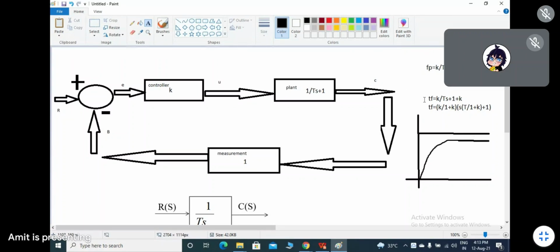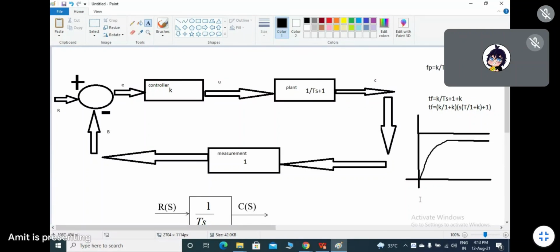Now its gain is k divided by 1 plus k. Its gain will never be 1; its gain will be below 1.